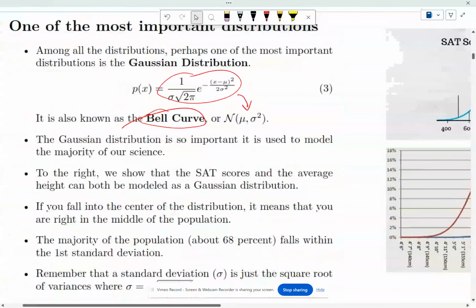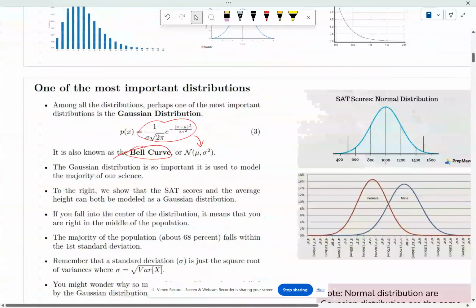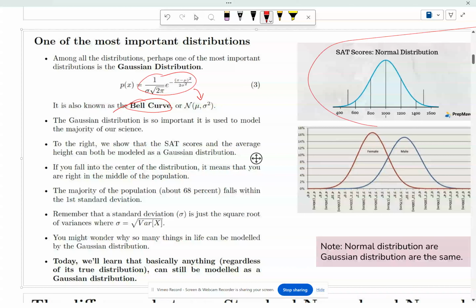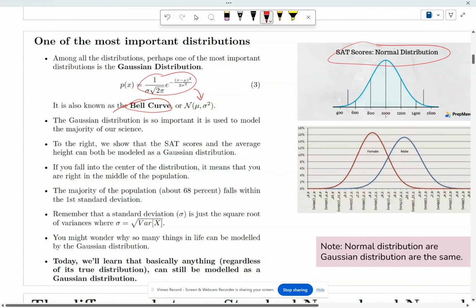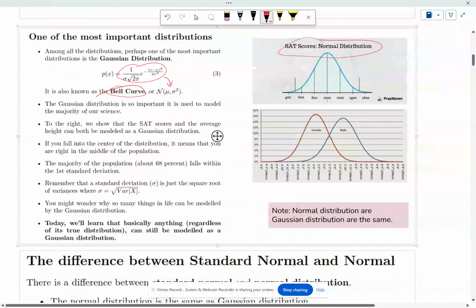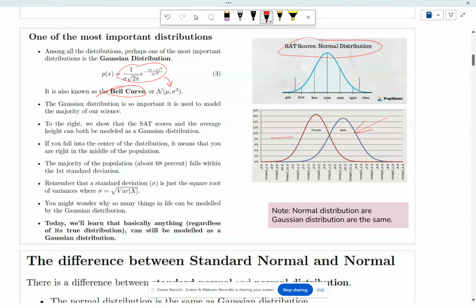Now, the Gaussian distribution is so important that it is used to model the majority of science. To the right, you can see the SAT score being modeled by the Gaussian distribution. Another example is population height, where blue is the male population and red is the female population.